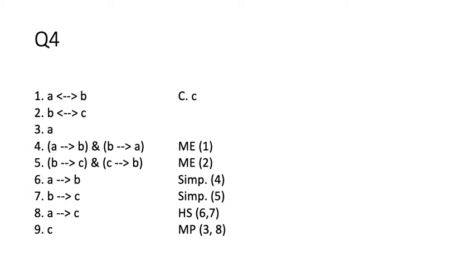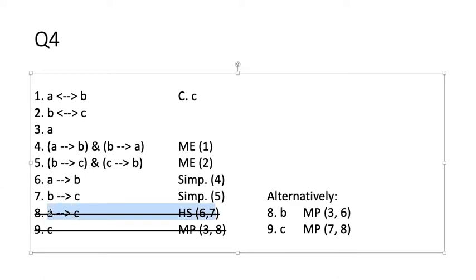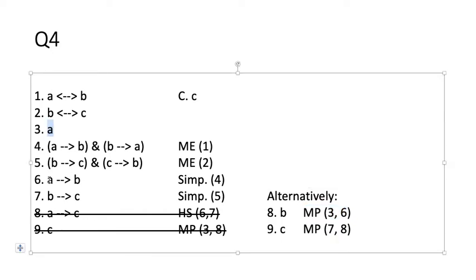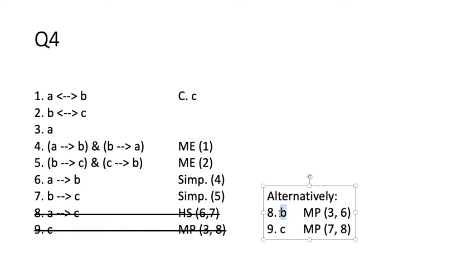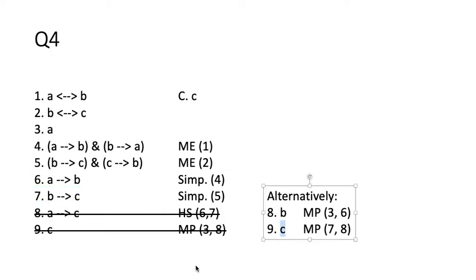So here's just another way you could do it, right? Instead of performing hypothetical syllogism on line 8, you could have just done modus ponens instead. So modus ponens on 3 and 6, because on line 3 I have A, and on line 6 I have if A then B. So I could have done modus ponens on 3 and 6 to get B, and then I could have done modus ponens again with lines 8 and 7, because on line 7 I have if B then C, and that would have then gotten me C, which is my conclusion.